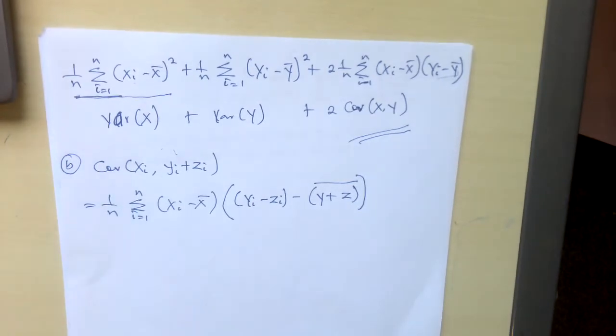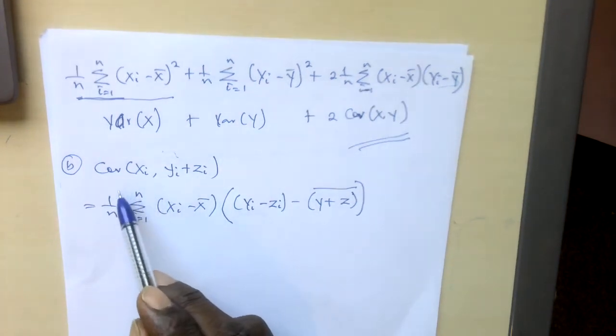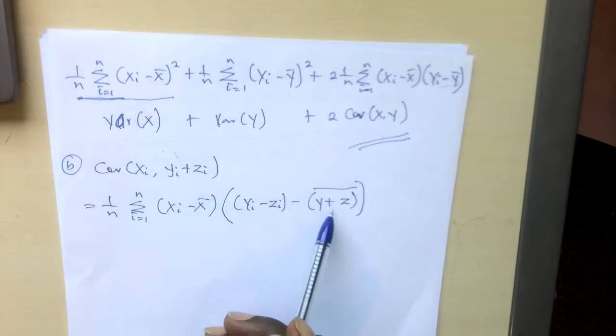With that, we can expand further. To expand, you open this bracket, multiply this by this, multiply this by this.